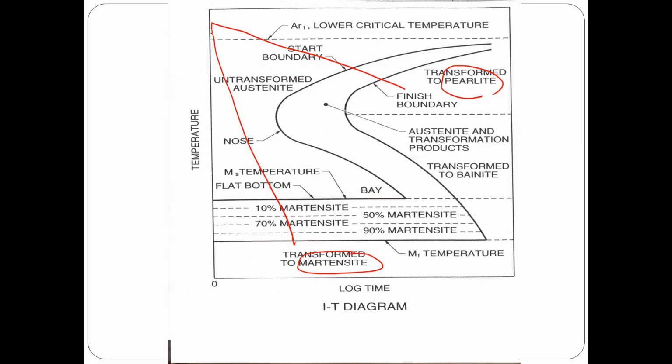And with intermediate cooling rates, I have to hold it to get to bainite. So we don't have to memorize the diagram. We just have to know those three things. Slow is pearlitic products, fast is martensite.